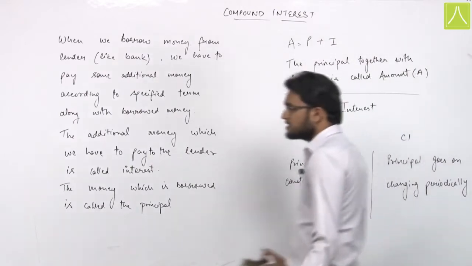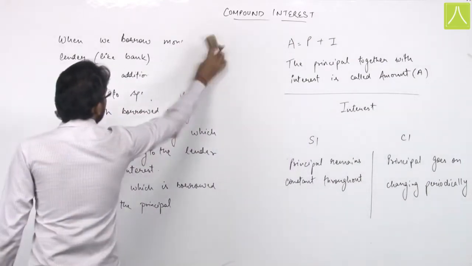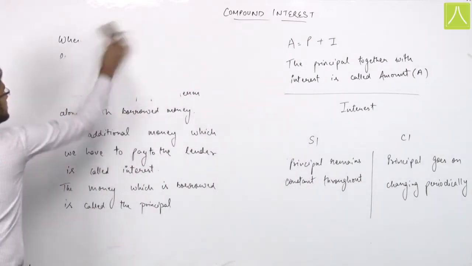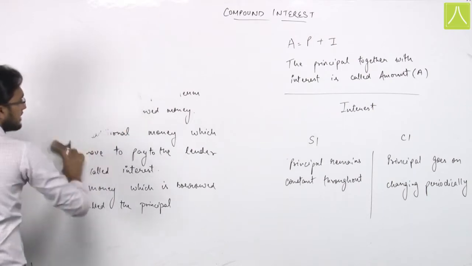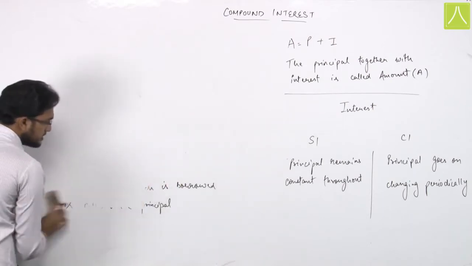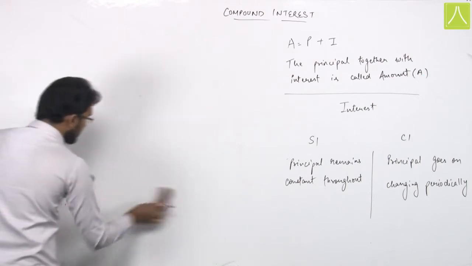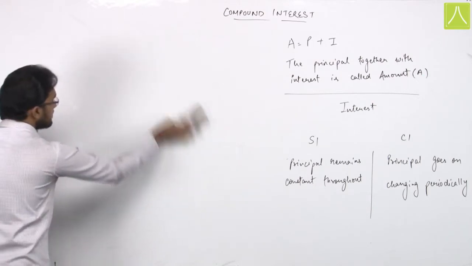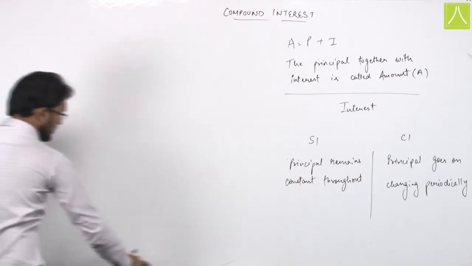If the principal goes on changing periodically, there has to be some particular time after which it changes, and that time is known as the conversion period. So the conversion period is the time in which the principal changes, that is after 1 year, after 2 years, and so on.